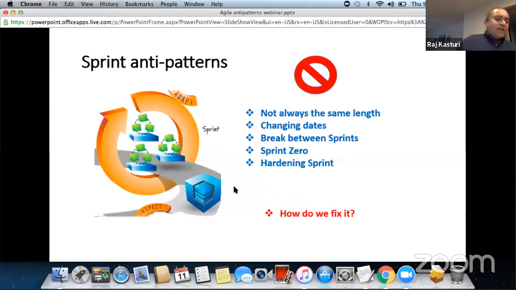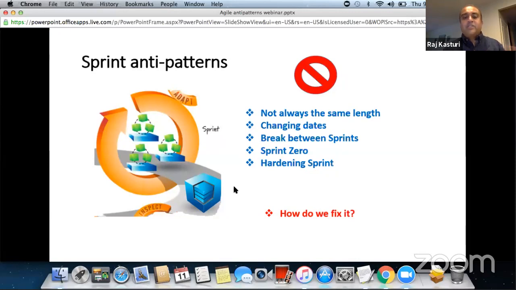A lot of considerations here. The sprint length should not keep changing. Sometimes you don't want to do 2-week sprints this time and a 3-week sprint the next time, and so on and so forth. Only if there is a real valid reason to change the sprint length should you do it, and even then it is almost like an experiment.